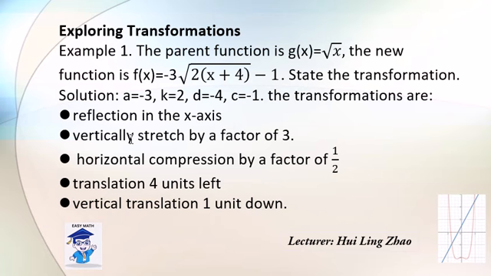Number 2, vertically stretched by a factor of 3. Number 3, horizontally compressed by a factor of 1 over 2. Next, translation 4 units left. Last one, vertical translation 1 unit down.